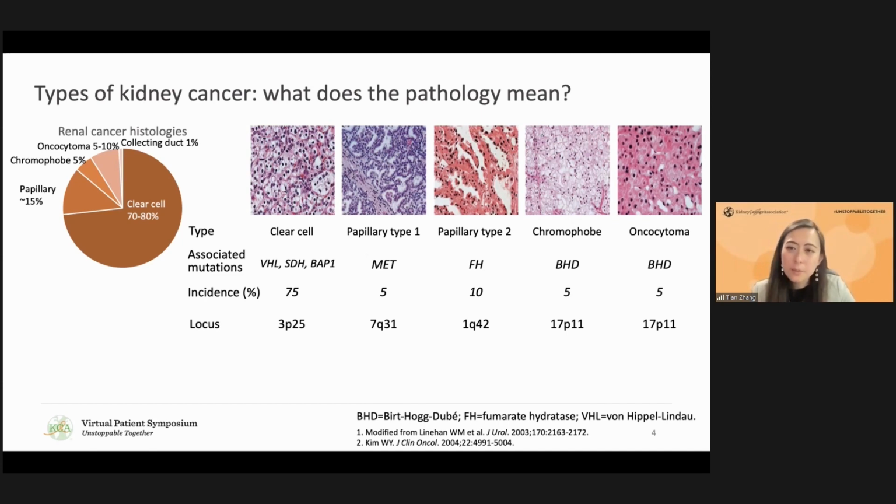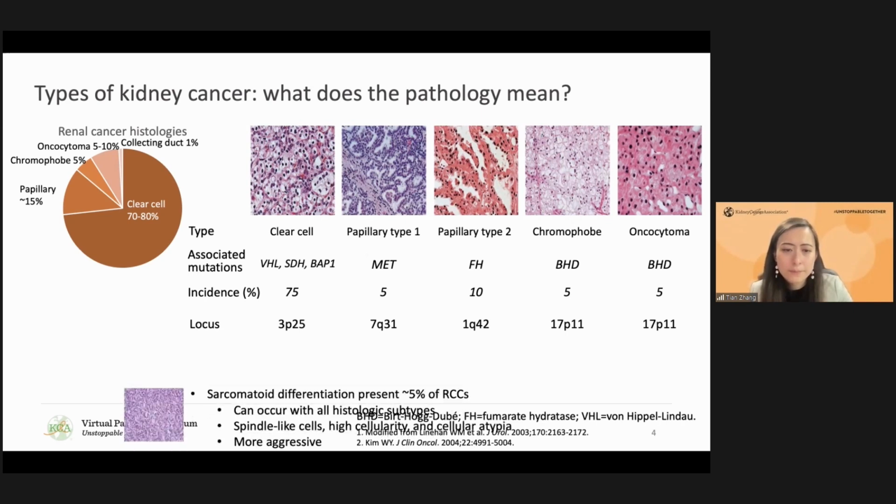Chromophobe looks very different as well under the microscope, and oncocytoma are these very pink foamy cells, if you will. And they're all associated with different mutations. I won't belabor those, but certainly we have come a long way in understanding the genetic alterations that lead to each of these tumor types.